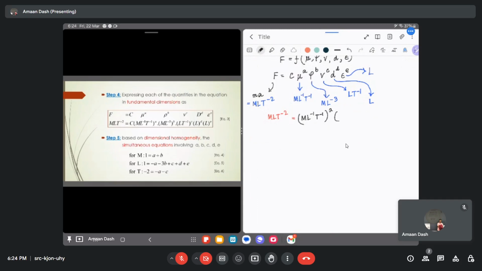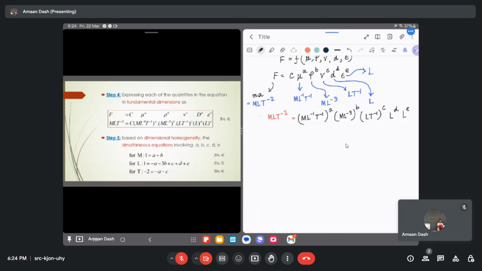Then M L to the power minus 3 to the power of b. Then L T to the power minus 1 to the power c, then L to the power d, and L to the power e.